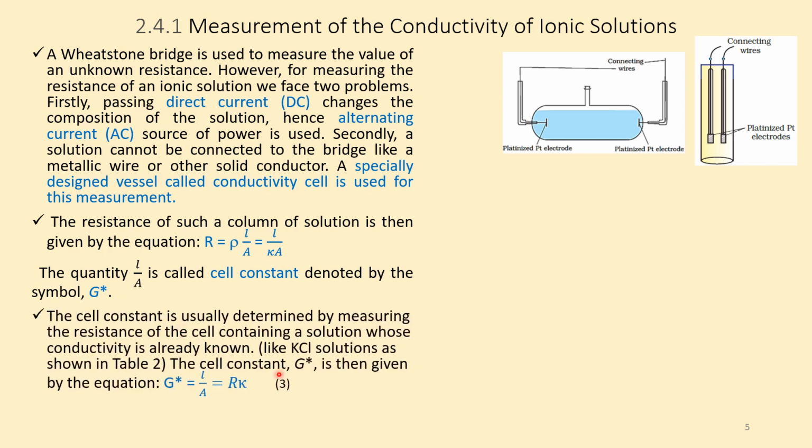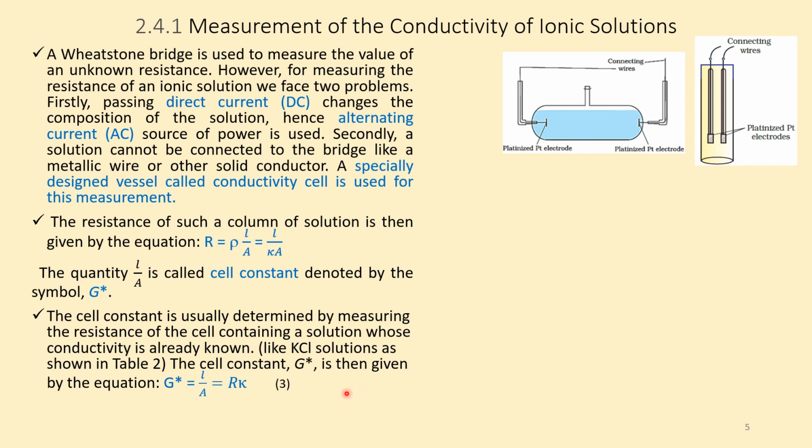The cell constant is usually determined by measuring the resistance of the cell containing a solution whose conductivity is already known. That means for measuring the resistance of the cell, we use the electrolyte with known conductivity.